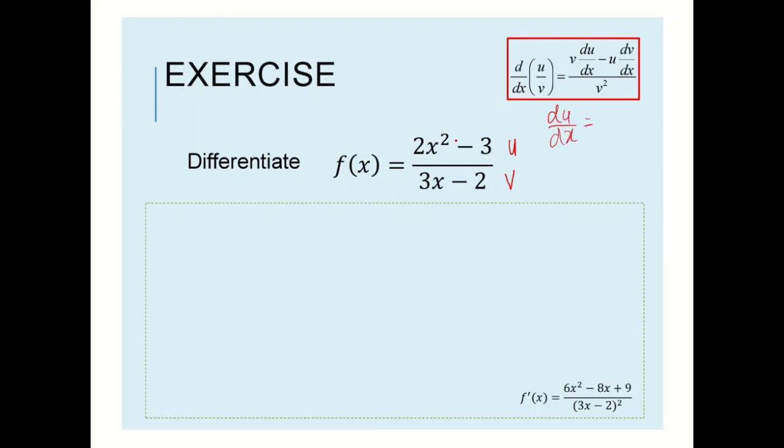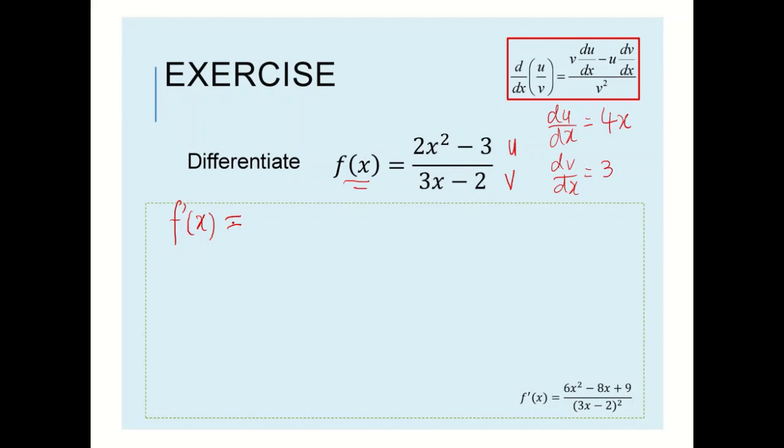As usual, we need to expand this. 3x multiplied by 4x is 12x squared, and negative 2 times 4 is negative 8x, minus 2x squared times 3, 6x squared, negative times negative is positive, 3 times 3 is 9, over 3x minus 2 squared.